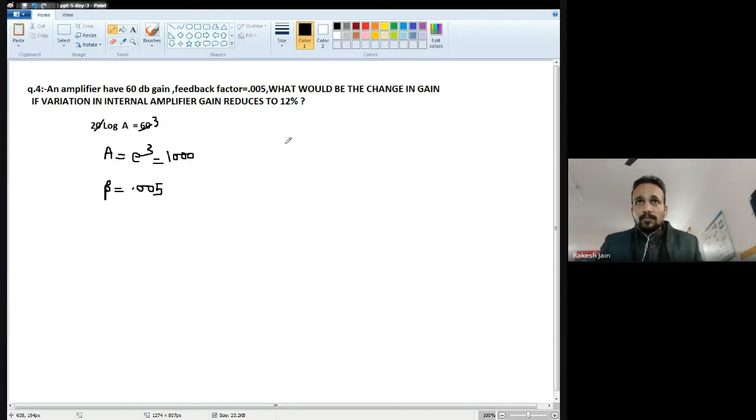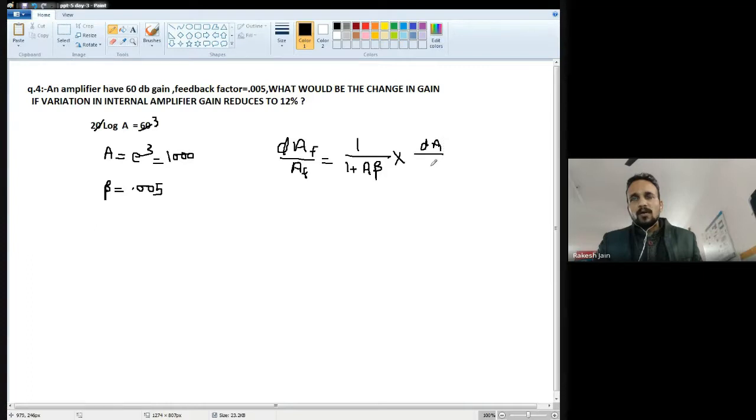And we have already proved that the variation in the gain of an amplifier after applying feedback, where the beta term is there, is DAF upon AF equal to 1 upon 1 plus A beta multiplied by DA upon A. We proved yesterday that the variation in the gain with feedback is always lower than the variation in the gain without feedback.